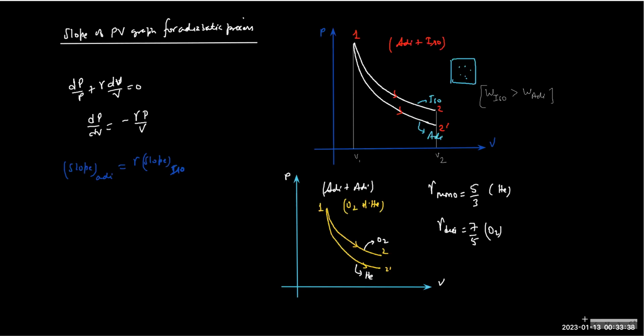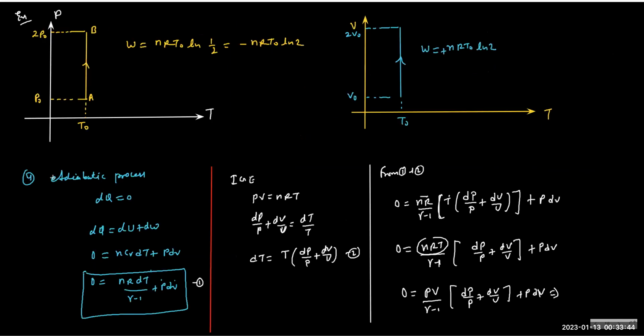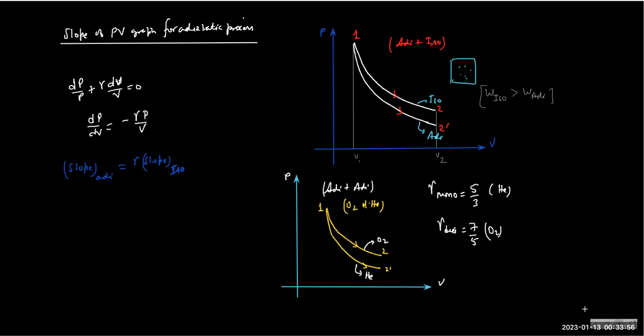So we got the ideal gas equation. We got the guiding equation for which process? Adiabatic process, right? But we fail to explain other effects, like what is the work done, what is the change in internal energy, and so on.